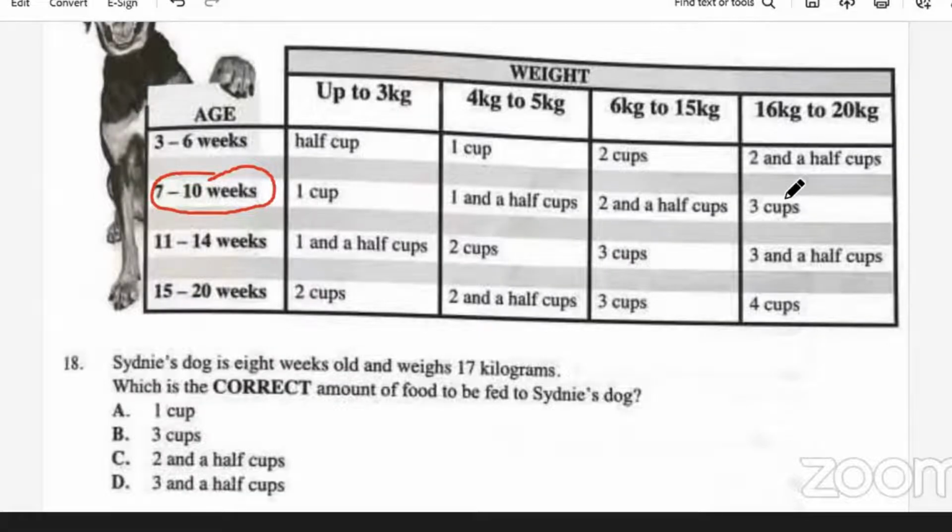So we match that with the age. So if the dog is 7 to 10 weeks old, she's 8, she falls into the category, and between 16 and 20, so she weighs 17 kilograms, then 3 cups would be the amount of food to be fed to the dog, Hunter. So the answer for 18, that's B. Okay, so that's that.